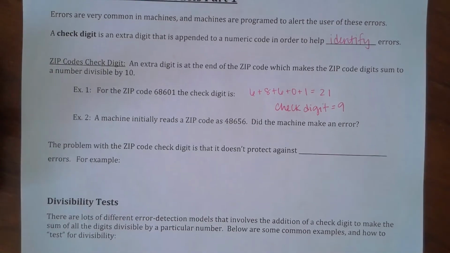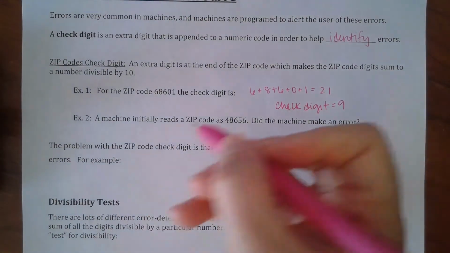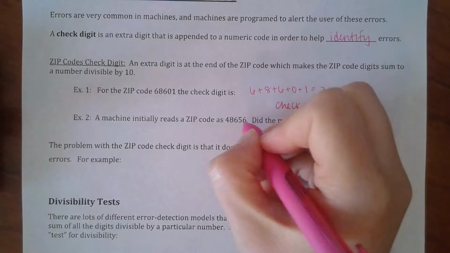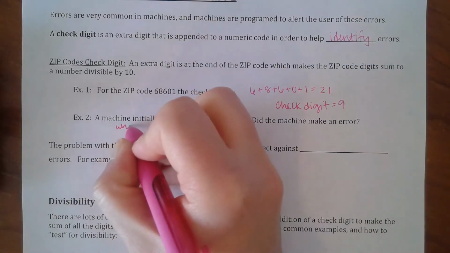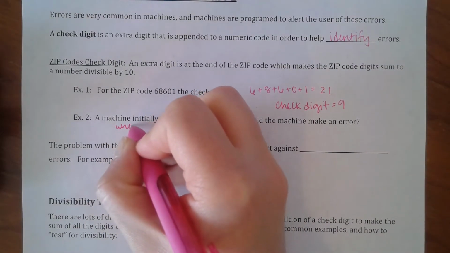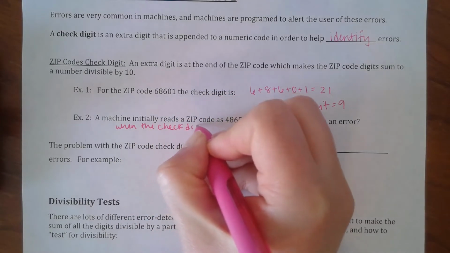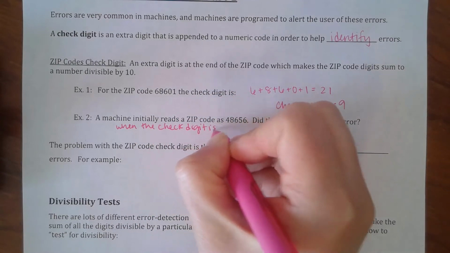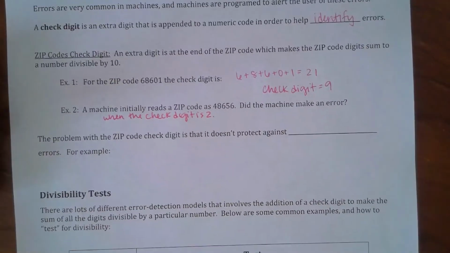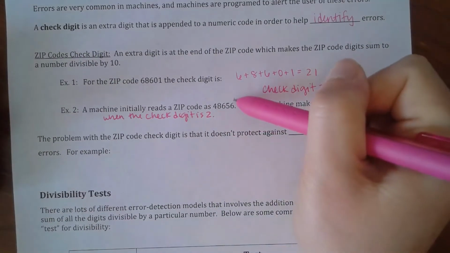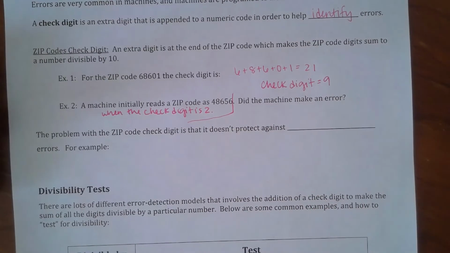For the next one, I actually made an error when I did this. We should also say you kind of need this information, otherwise it could totally be valid, but this is part of the problem with the check digit being 2. The machine originally reads the zip code as 48656, and the check digit that it reads is 2.